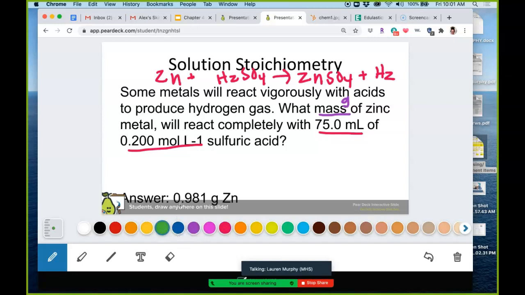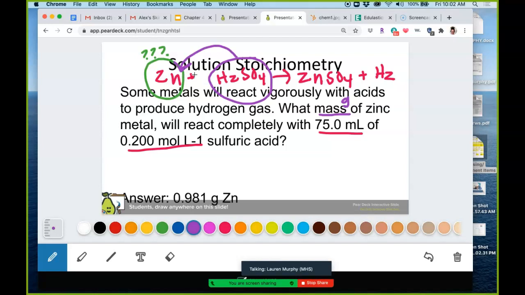So they say they want mass of zinc, so they want to know about this one. But all of the data or numbers that they give you is for this one. So if I want to answer questions about zinc, I'm going to have to be able to jump from my data of sulfuric acid over to zinc.